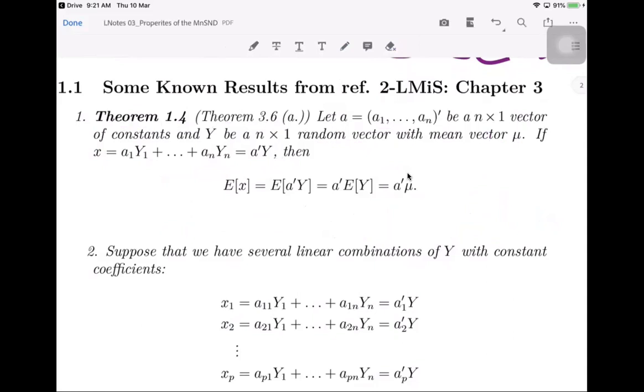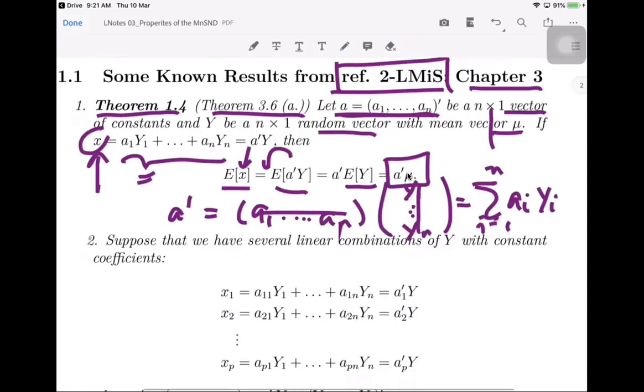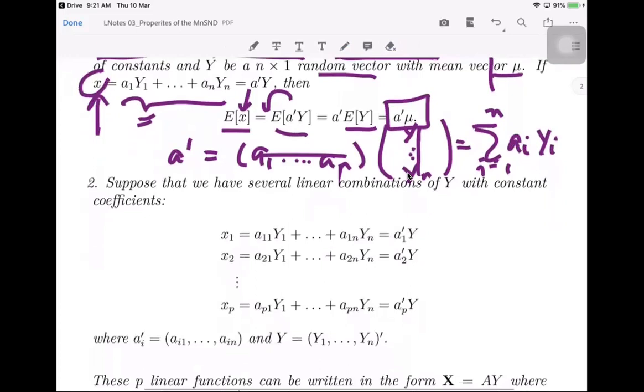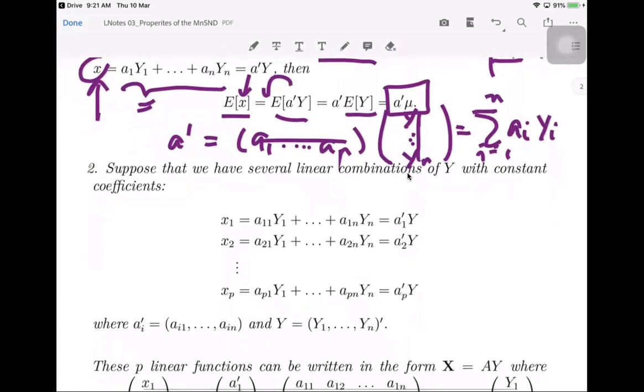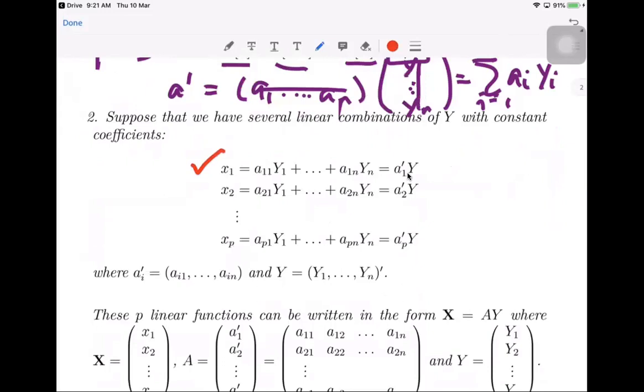So suppose we have several linear combinations of y with constant coefficients. Suppose x1 is a11 y1 and so on, or in general the summation of a1j y j, j from 1 to n, which is just a1 prime y, and so on and so forth.